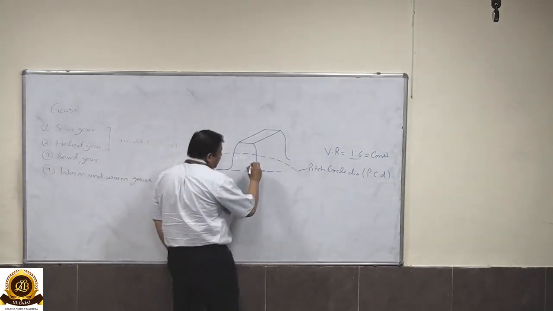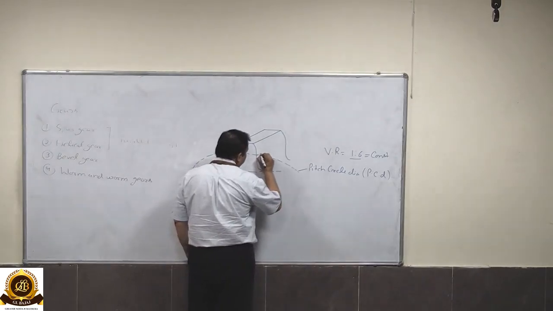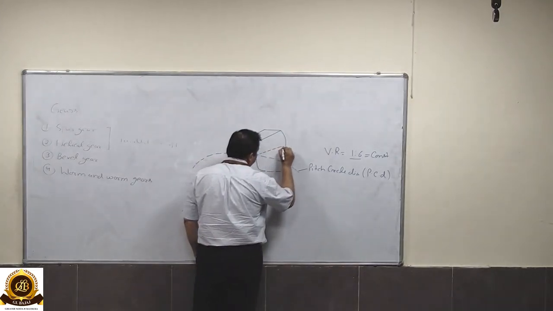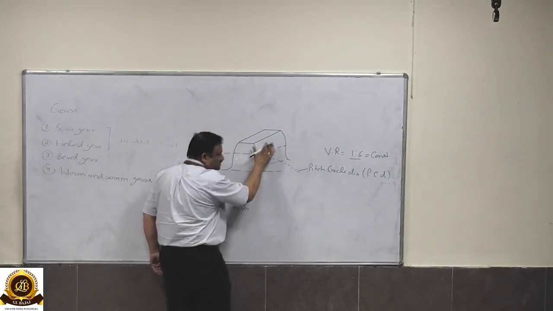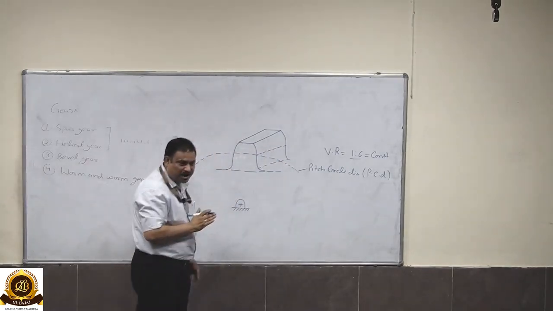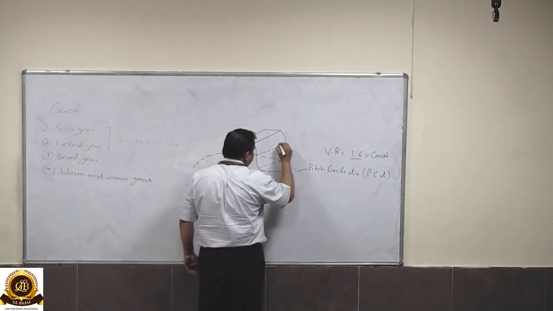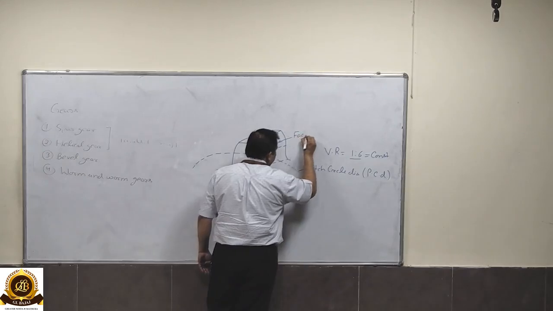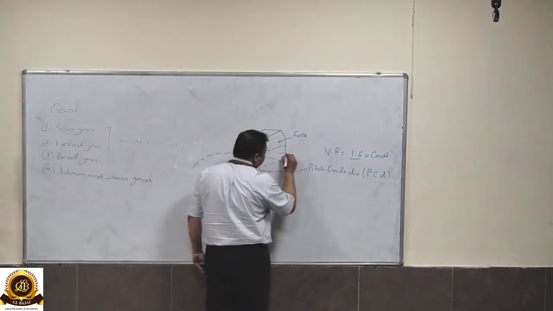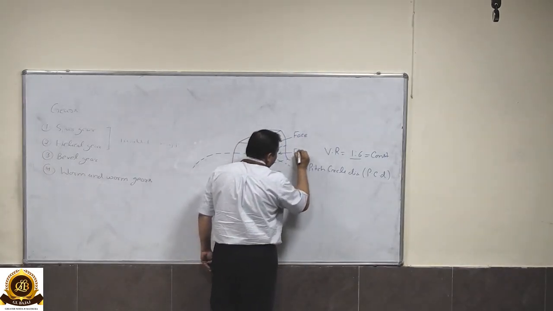Now if we draw a line on a face, we can divide this surface into mainly two parts. The upper surface is called the face, whereas the lower surface is called the flank.